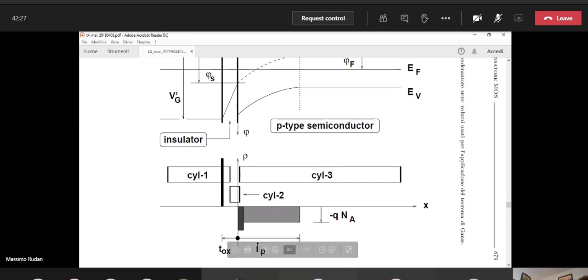So we have a depleted region whose extension we call LP, as we did in the p-n junction, in which the constant charge density is minus QNA. NA is the density of the dopants of the acceptor type.